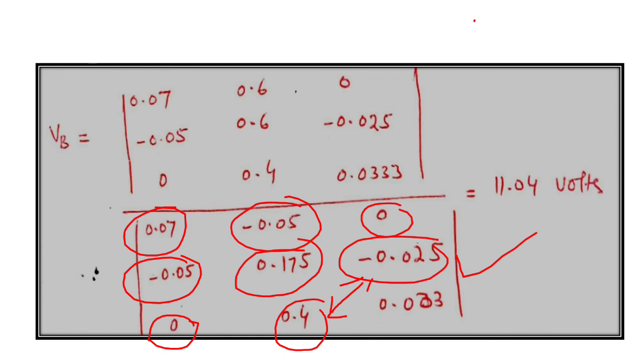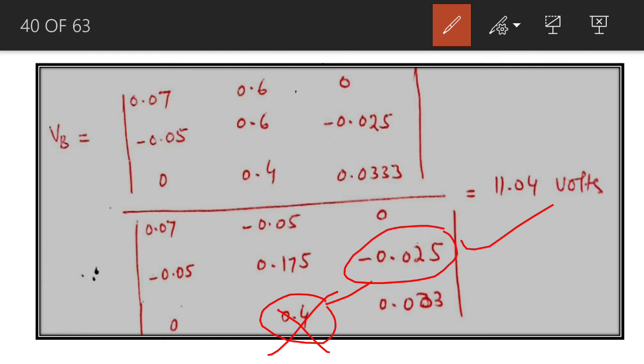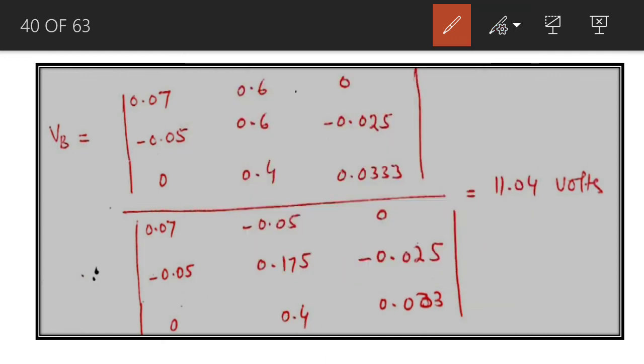So what you need to do is replace 0.4 by minus 0.025. So this is not 0.4, actually this is minus 0.025, and then we have 0.033, which is G33. So for VB, what we do, we replace the second column. Let me write it down over here.